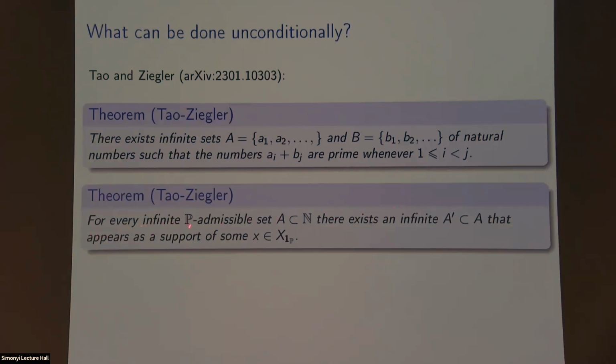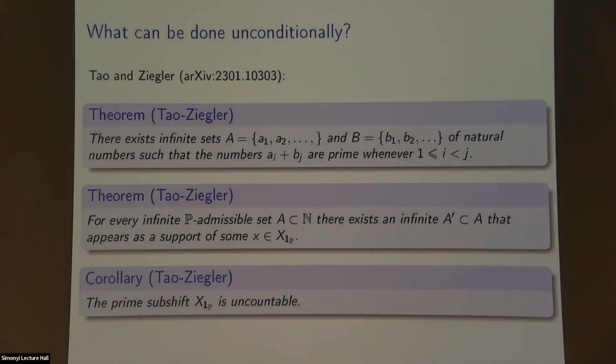If you have an infinite p-admissible set of natural numbers, then you can find inside A again an infinite subset A prime, such that it appears as a support of some element of this prime subshift. And having this, you can conclude that the prime subshift is uncountable.